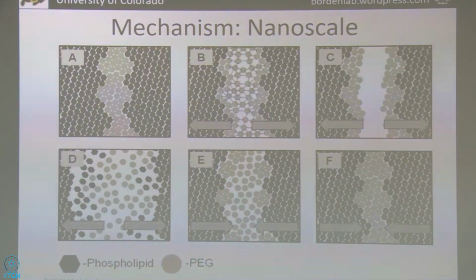So, based on this data and that flag-shaped curve that I just showed you, this is the mechanism that we think is at work. We have phase separation between the main phospholipid and the pegylated emulsifier. So we have a domain and an interdomain region. And the interdomain region is less ordered, it's more flexible.